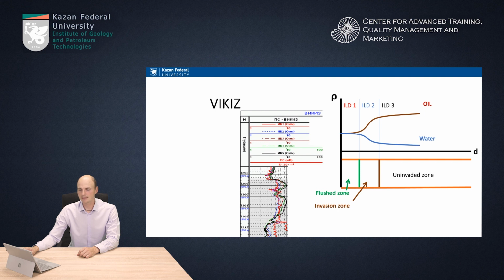That means that in this case we have this model: high resistivity on the shallow part and the low resistivity on the deeper part. That give us the presence of the water. And here on this part we have transition zone and the oil-water contact.